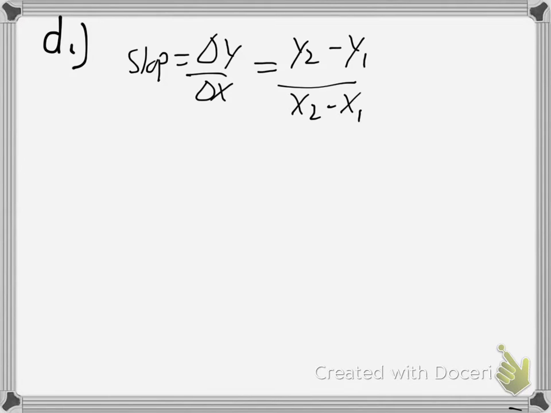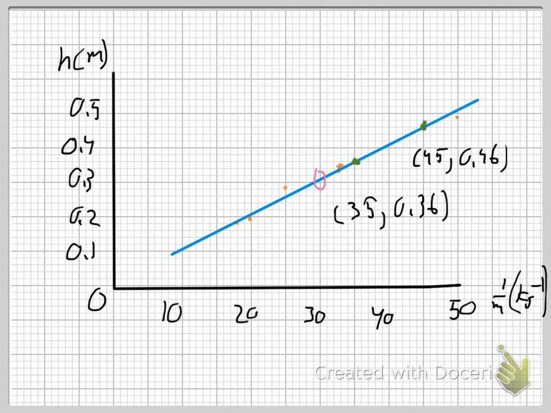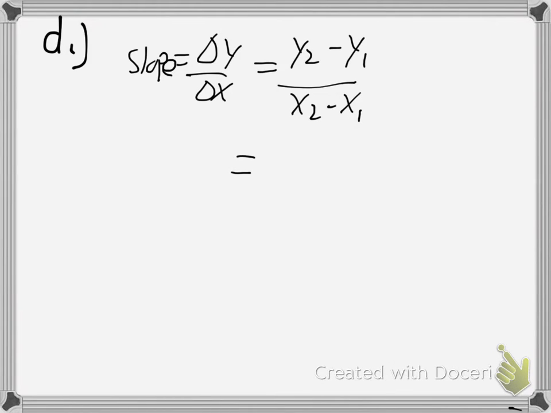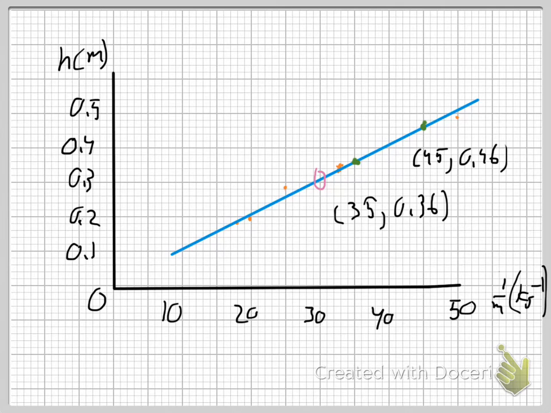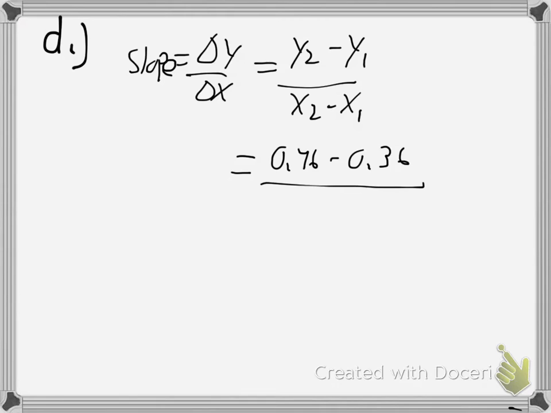So remember, our slope is equal to this. Our y values, our second one is 0.46. So 0.46 minus 0.36 over 45 minus 35.